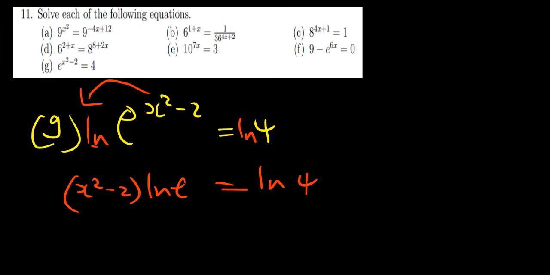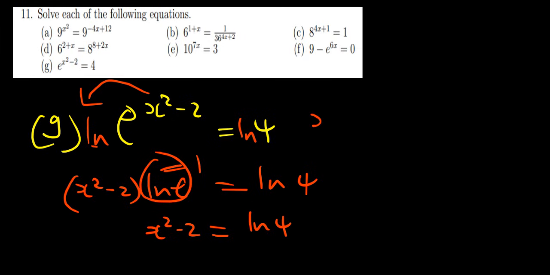This ln e here is just the same as 1. So I have x squared minus 2 is equal to ln 4. So x squared is equal to ln 4 plus 2.